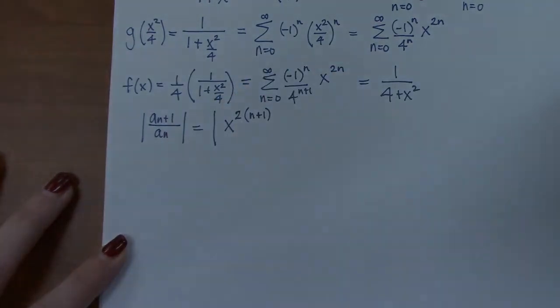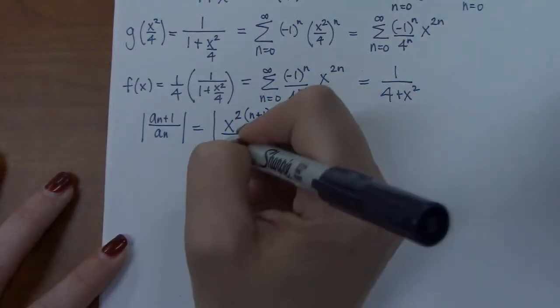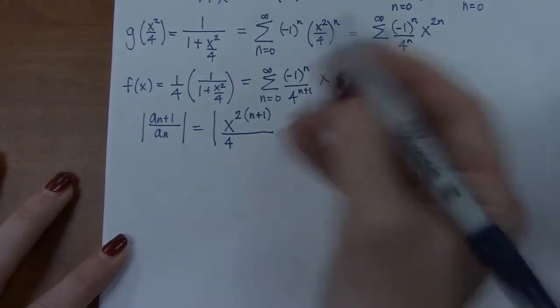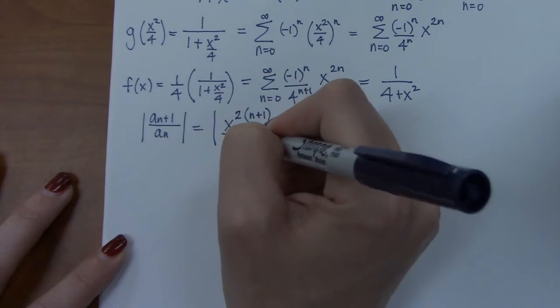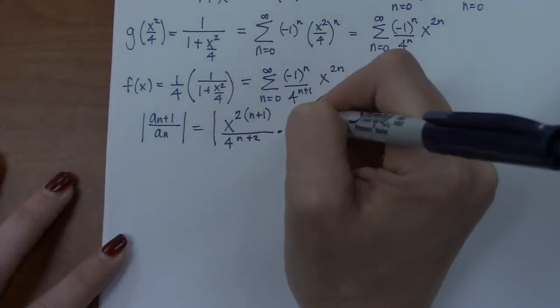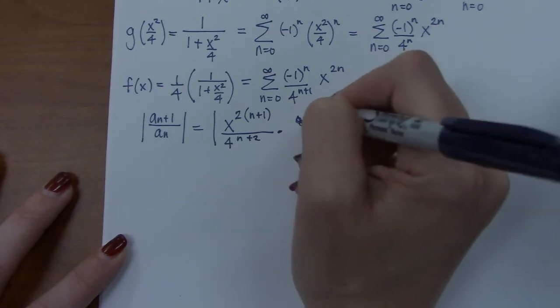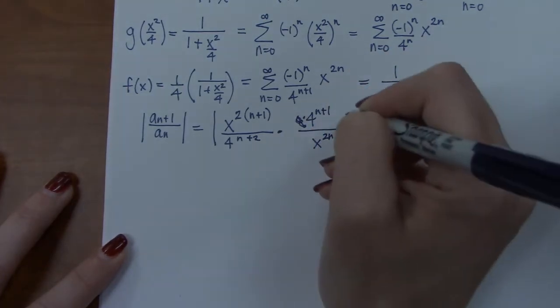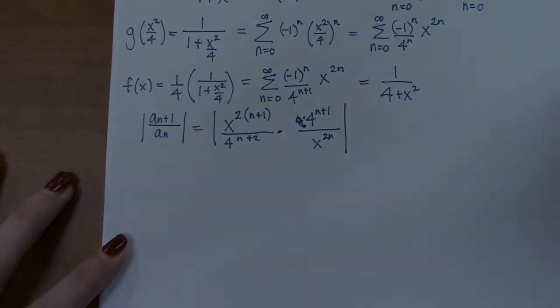It's not 2n plus 1, because then all you did there would have been multiplied by x. Over 4, when we plug in n plus 1 here, we'll get n plus 1 plus 1. So this is 4 to the n plus 2. Then we'll multiply times the reciprocal. So 4 to the n plus 1 goes up here, and x to the 2n goes down here.